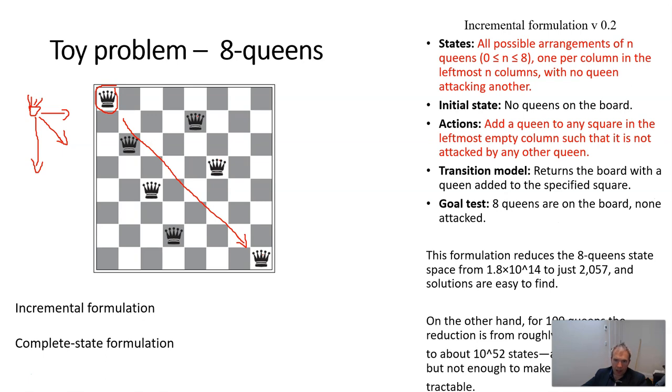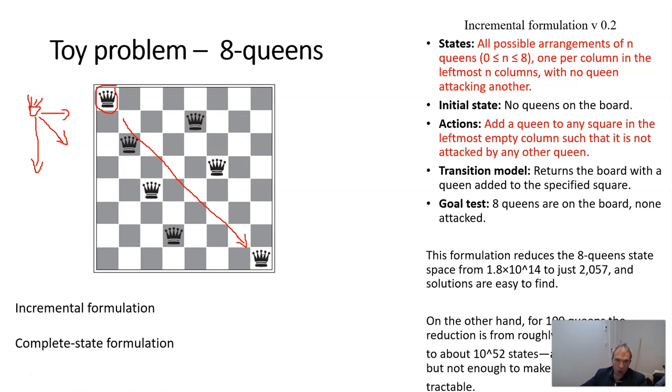Incremental formulation is where we specify a set of operators that augment the state description, where we start with an empty state for the A queens problem, such that each action adds a queen to the state.